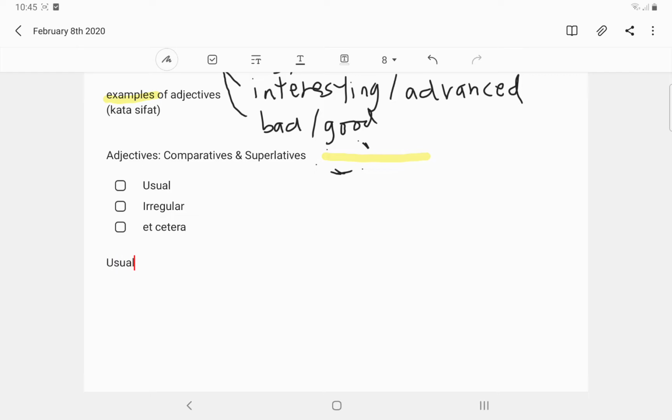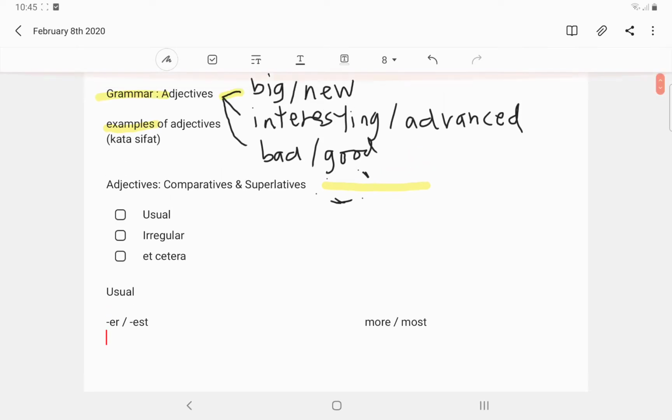So the first one is the usual one. The usual one yang kita selalu belajar ni sama ada dia berakhir dengan ER ataupun dia berakhir dengan EST, and then lagi satu, kita guna perkataan more ataupun kita guna perkataan most.